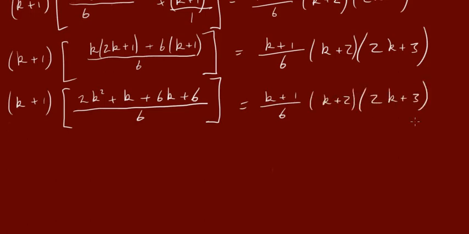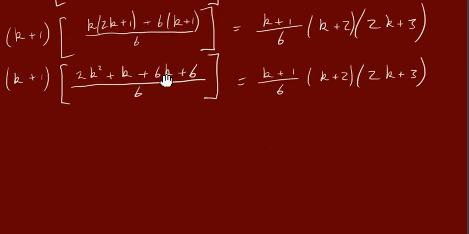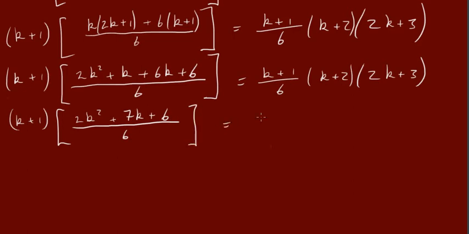Okay, so let's see, I'm just going to add those two then in the middle here, the k and the 6k, so I end up with k plus 1 times 2k squared plus 7k plus 6, and that's all over 6. The right hand side, same again, 2k plus 3.